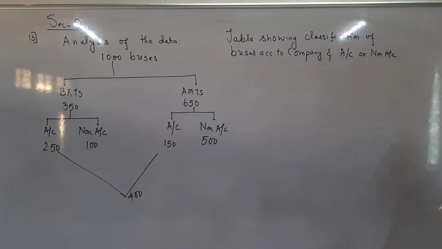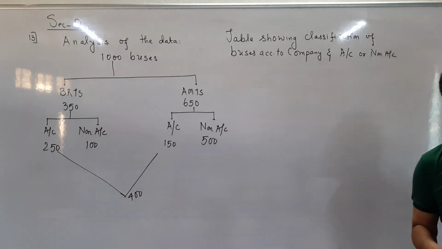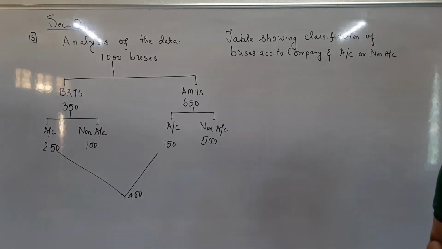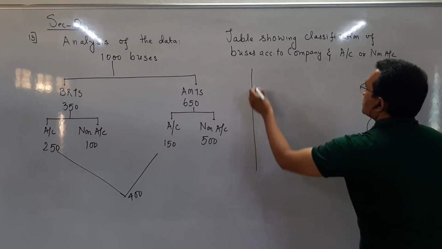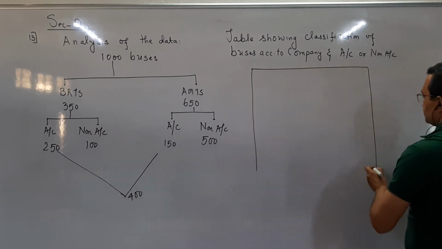Table showing classification of buses according to the company, whether it is BRTS or AMTS, and whether it is AC bus or non-AC bus. This is a short and sweet table.